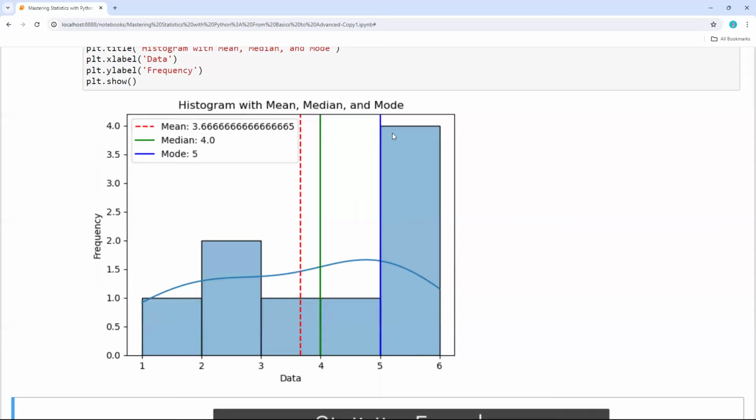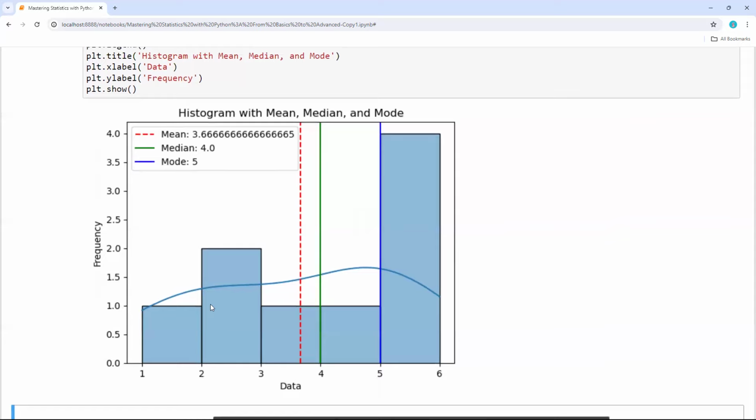Number 5 repeated 3 times, so that is why here it is the number of data points with the frequency of occurrence, and likewise for numbers 2, 1, 3, and 4. It gives us detailed central tendencies like mean, median, and mode. So this is the visual representation of central tendencies.